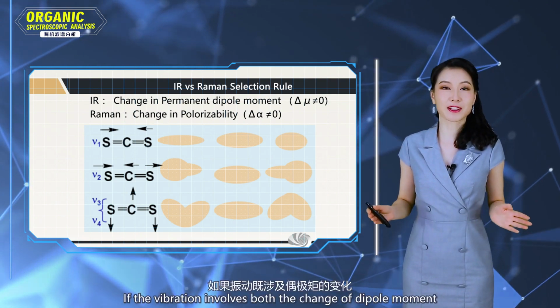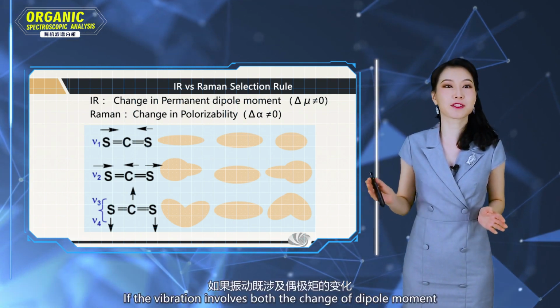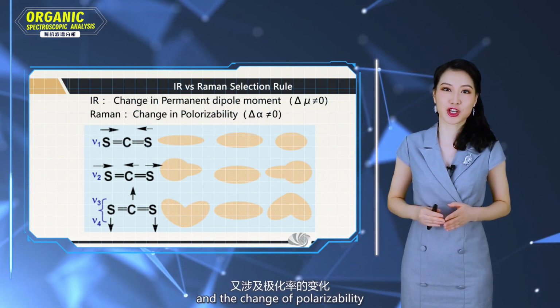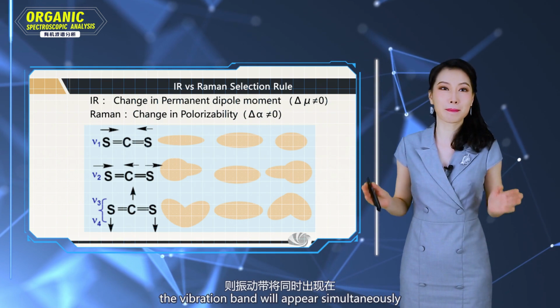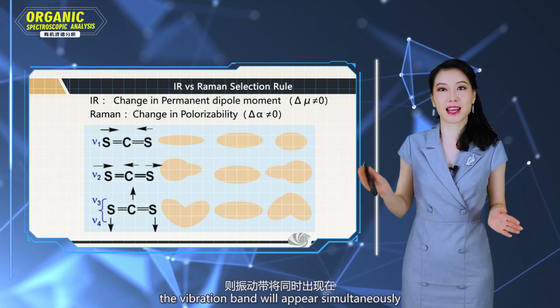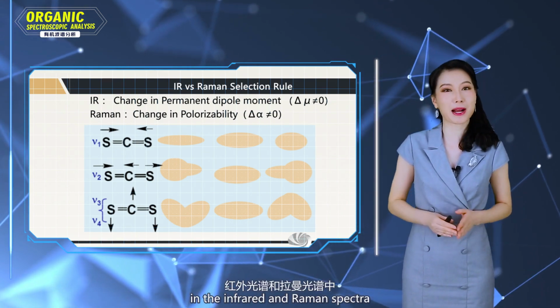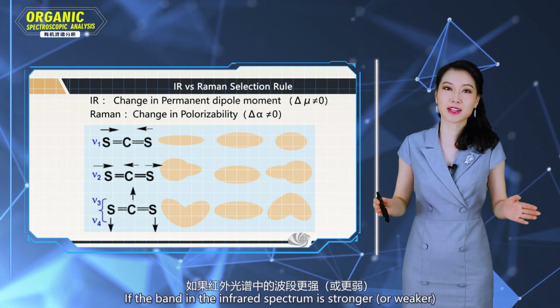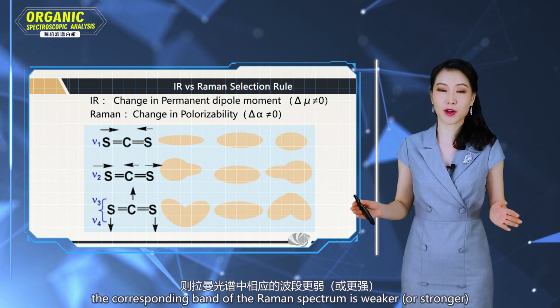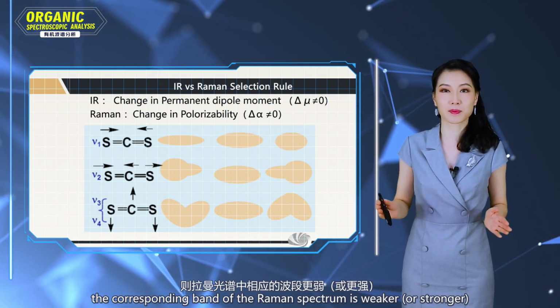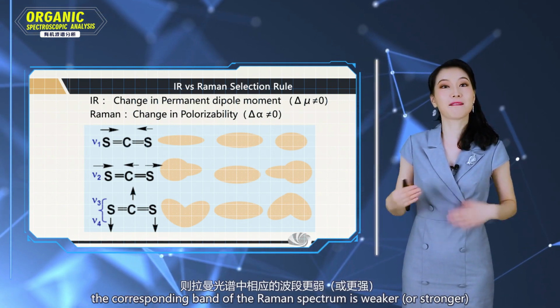If the vibration involves both a change of dipole moment and a change of polarizability, the vibration band will appear simultaneously in the infrared and the Raman spectra. If the band in the infrared spectrum is strong, the corresponding band of the Raman spectrum is weaker, and vice versa.